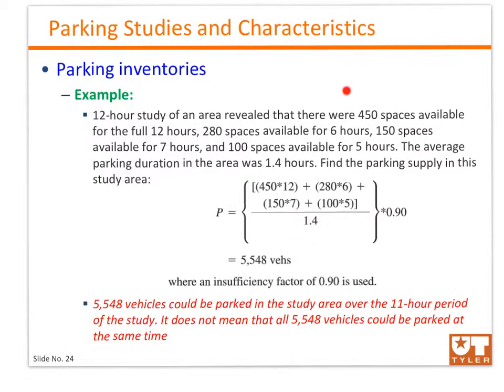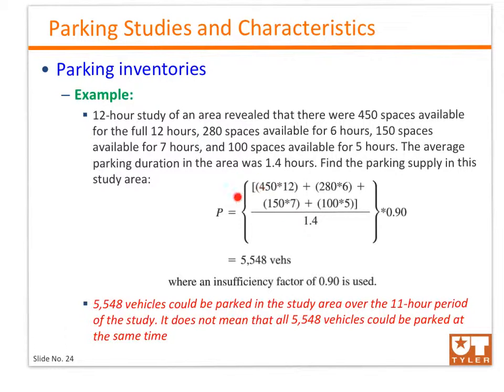I have 450 spaces available times 12 hours. I have 280 spaces available for 6 hours only. And again, what does that mean? There might be some parking spaces where you cannot park more than 6 hours, or they'll be occupied by other means.